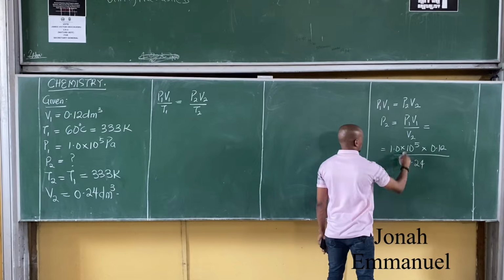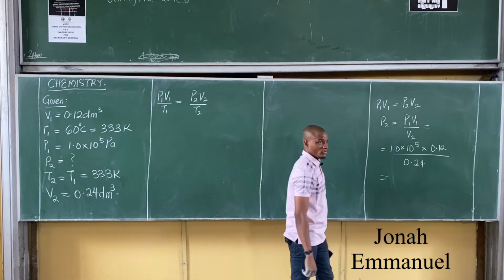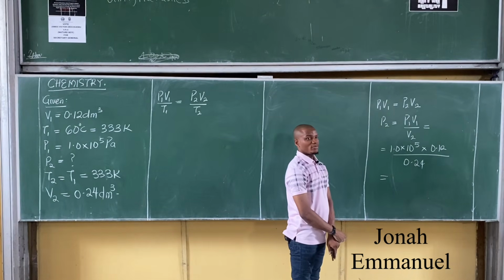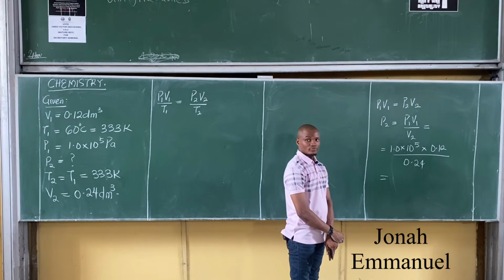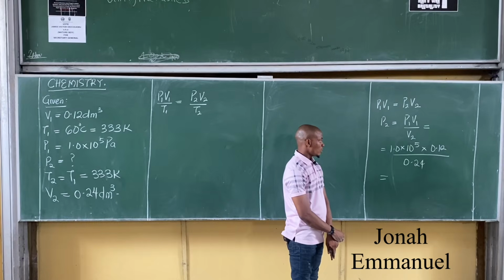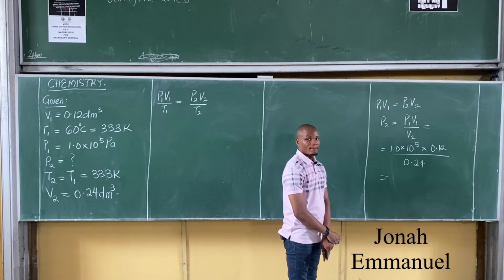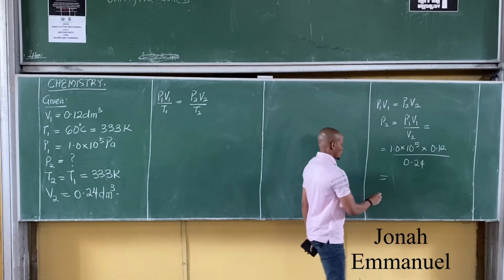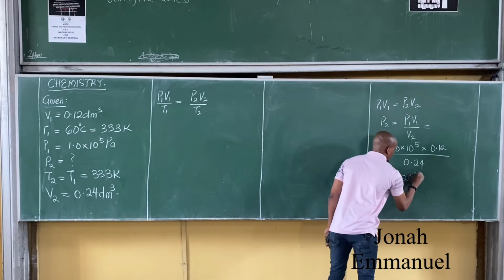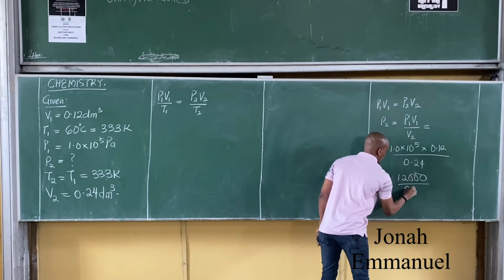Give me the numerator, what do you get? 12,000 all over 0.24.